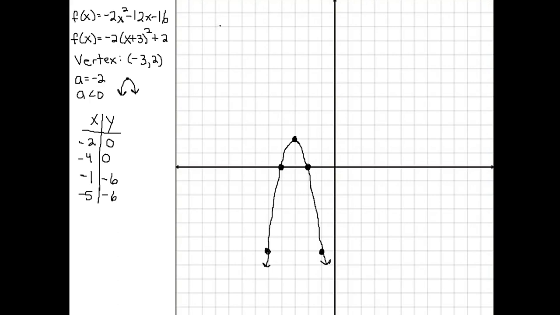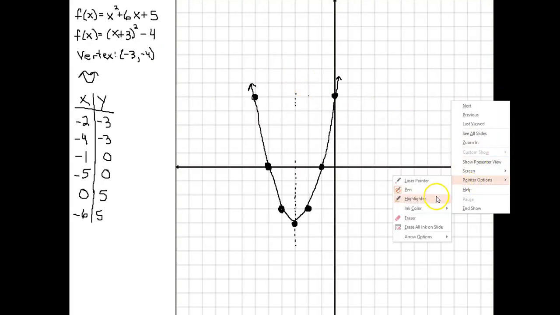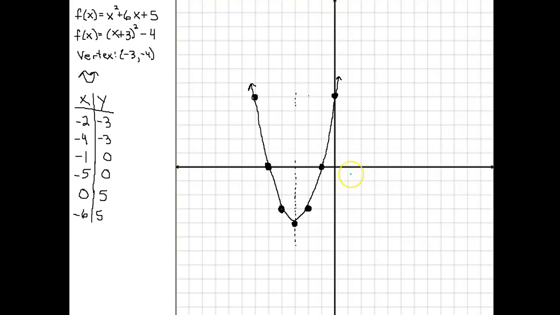Now, if you look at it closely too, the second form tells you a lot about shifting and so forth. Let's go back to this one first. Let me change the color of my pen. Let's say you started with f of x equals x squared.